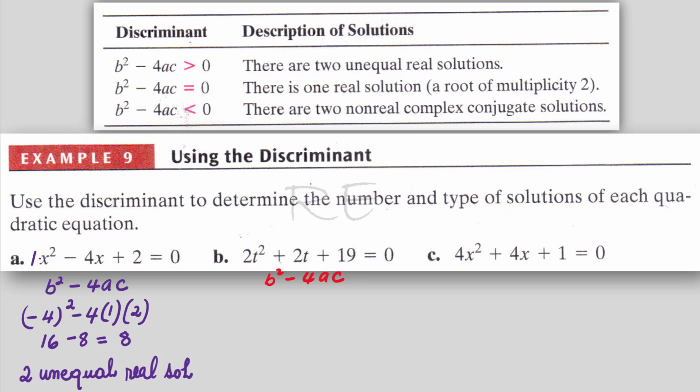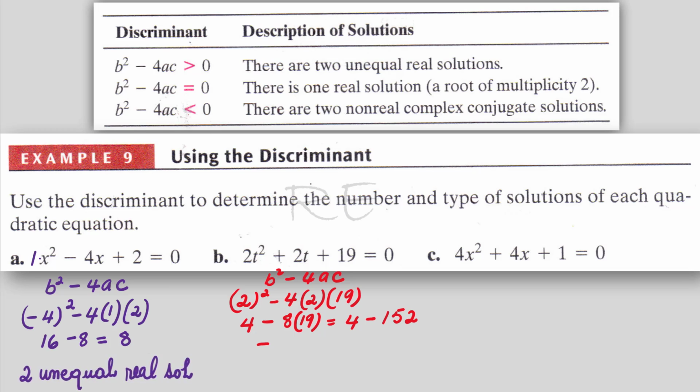b squared minus 4ac, 2 squared minus 4 times 2 times 19. 2 squared is 4, and 4 times 2 is 8. 8 times 19, so it's going to be 4 minus 152.